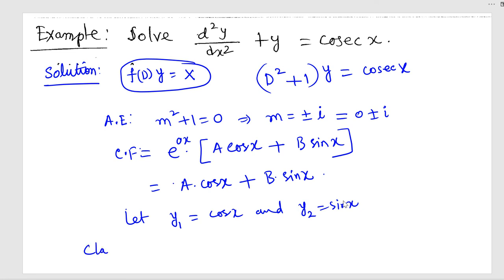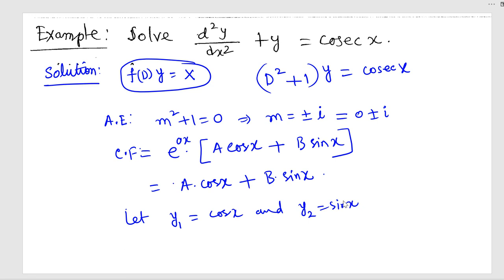Then our claim is that the particular integral is u y1 + v y2. But remember, we need to find out the Wronskian. Before that, we cannot proceed.